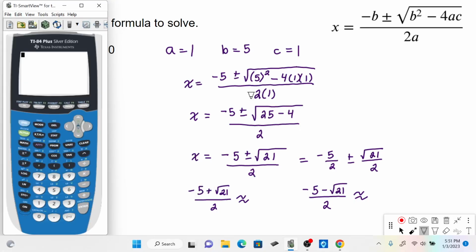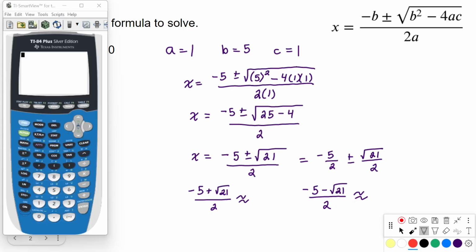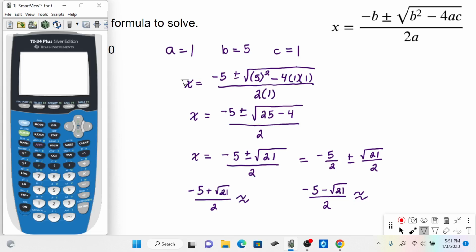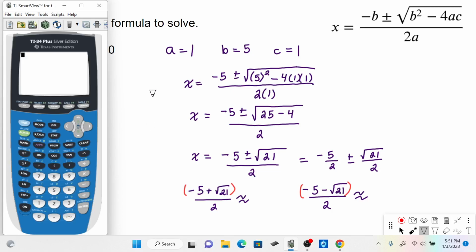So in the calculator, I want to enter my numerator inside parentheses. Entering the numerator in parentheses, I can enter it all at once. And remember, for that negative on the 5, you want the negative button that's below the 3.